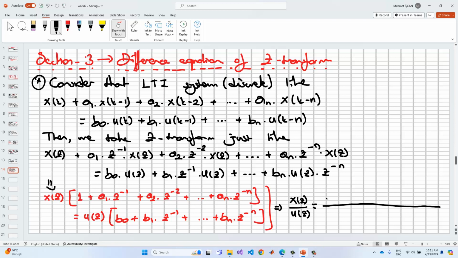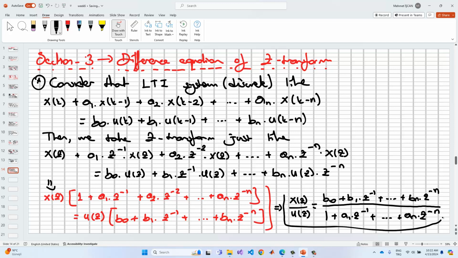So we can write it like this: b0 plus b1 z^{-1} and so on, up to bn z^{-n}, in the numerator, and a denominator with the terms 1 plus a1 z^{-1} and so on, up to an z^{-n}. This is the pulse transfer function in the discrete time domain.